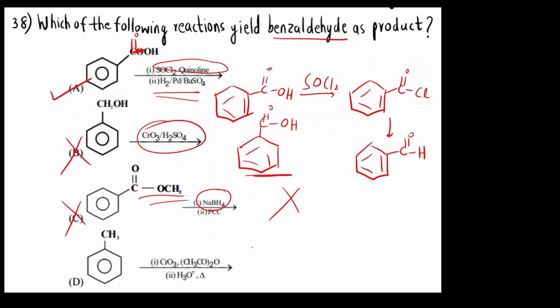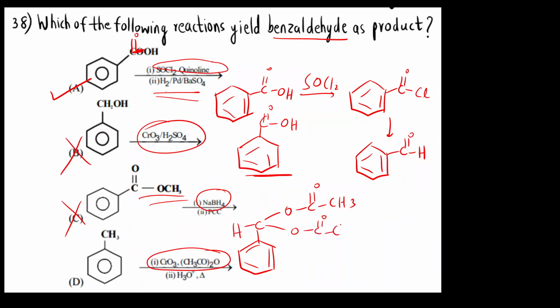Option D. What happens in this first reagent? Let us see. Okay, what will happen? Two hydrogen of this CH3 group is replaced by ester group, OC double bond OCH3. This is the first step. Next step, when I do hydrolysis, what will happen? This will break, OH, OH. Okay, 2 molecules of acetic acid is released.